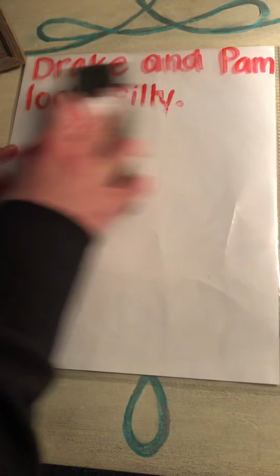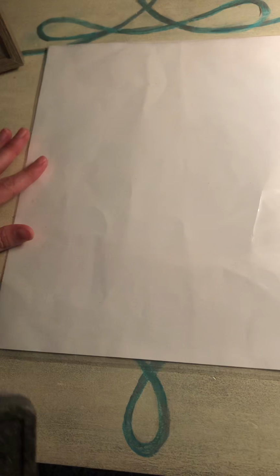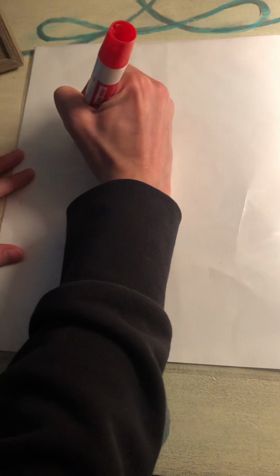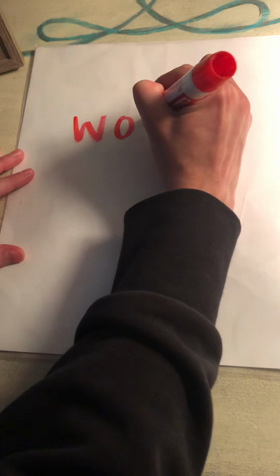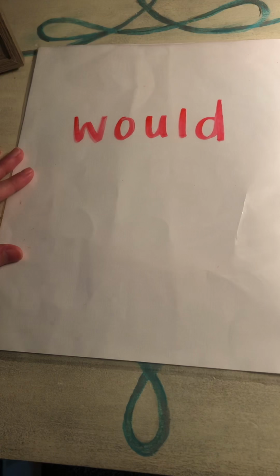Great job. We have 2 heart words today. You might have seen these words before. These are new heart words. Here is your first one. Does anyone know what that word is?